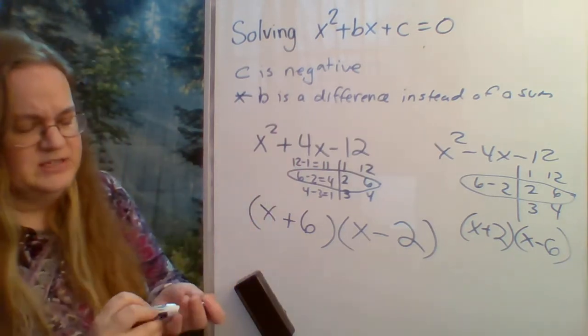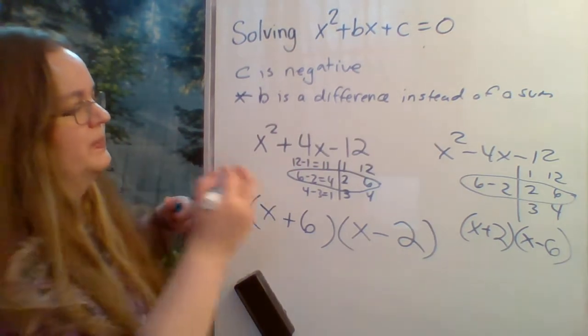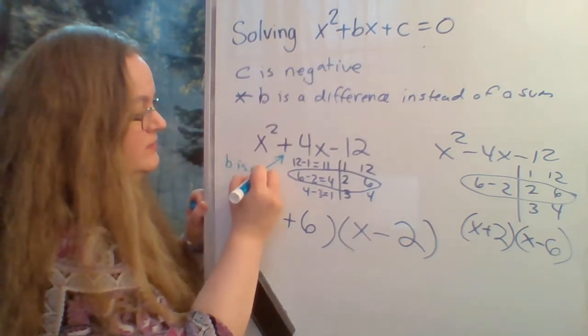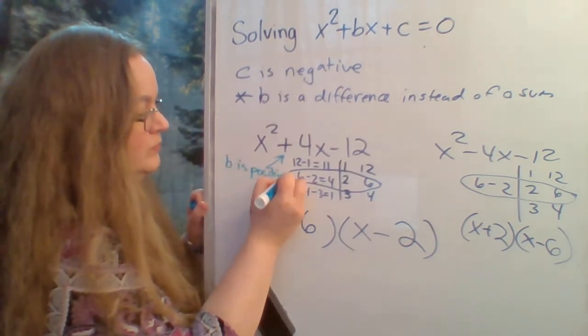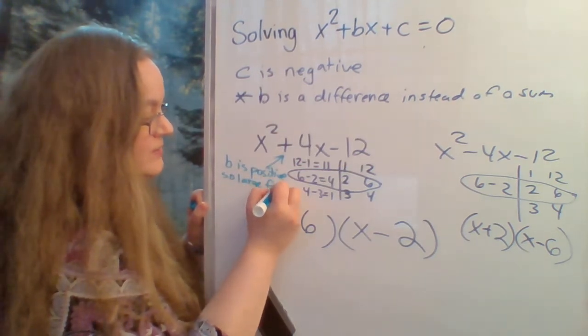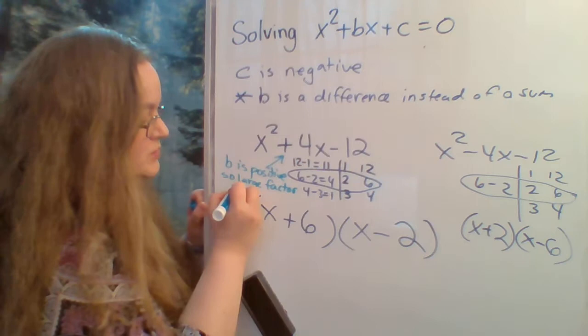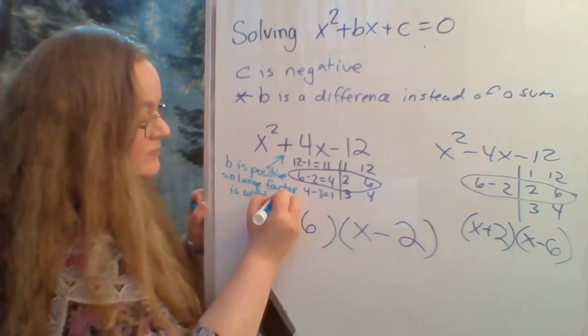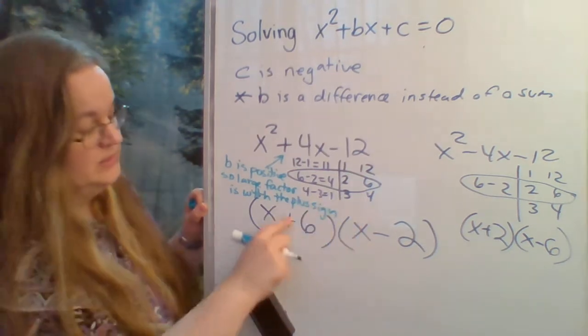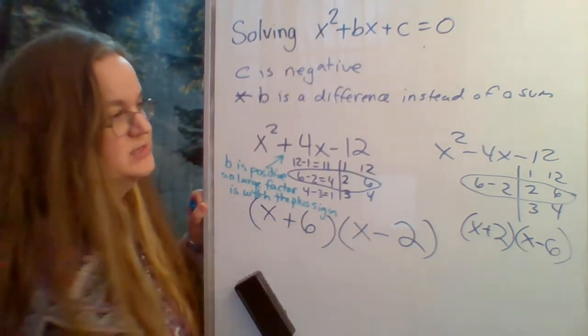Okay, and let's make a note like in a different color. So B is positive. So larger number or larger factor is with the plus sign. Okay, so you can see that the larger number is with a plus sign.